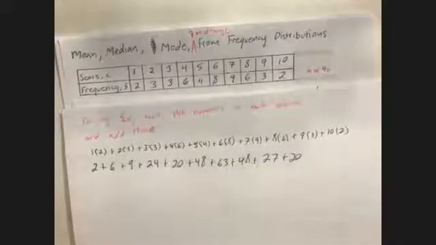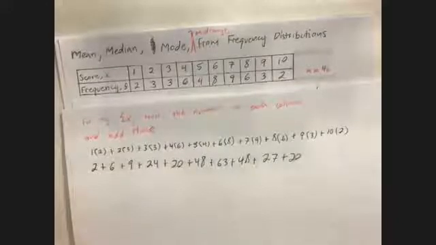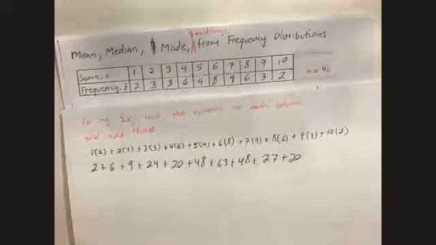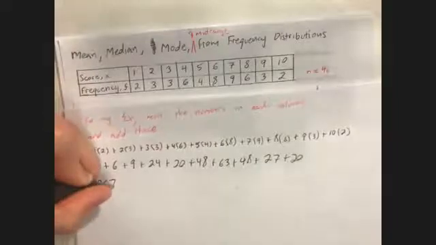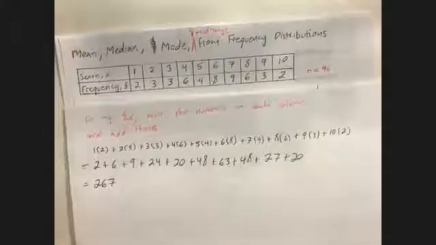This is a little bit easier to type in, so I'm going to type that: 2 plus 6 plus 9 plus 24. It's still a lengthy process if I do it this way. I think it's a little safer, a little quicker than the other method. So this is equal to 267.